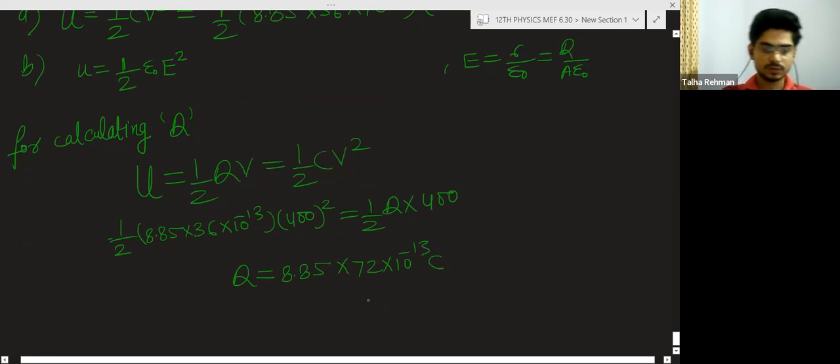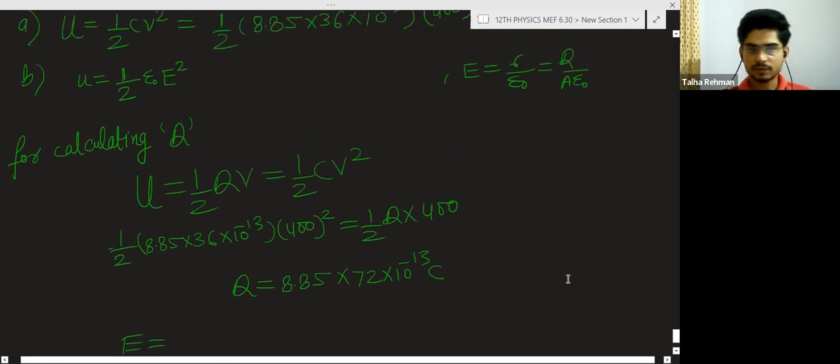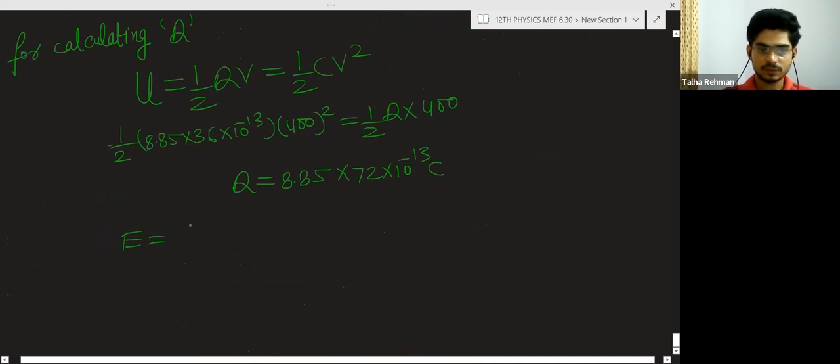Okay. So now we can calculate the electric field. Electric field is given by Q upon A epsilon naught.